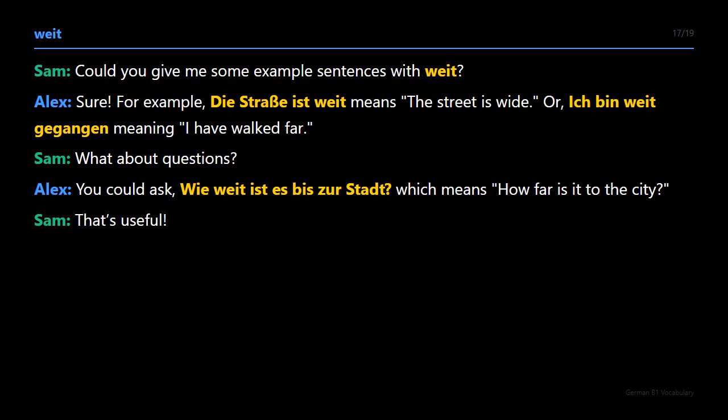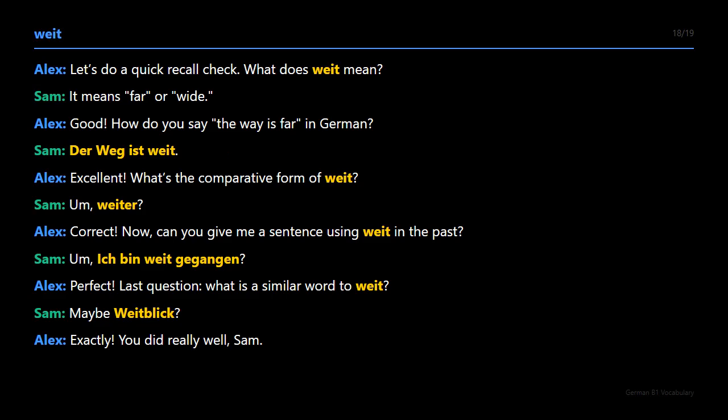That's useful. Let's do a quick recall check. What does weit mean? It means far or wide. Good. How do you say the way is far in German? Der Weg ist weit. Excellent.